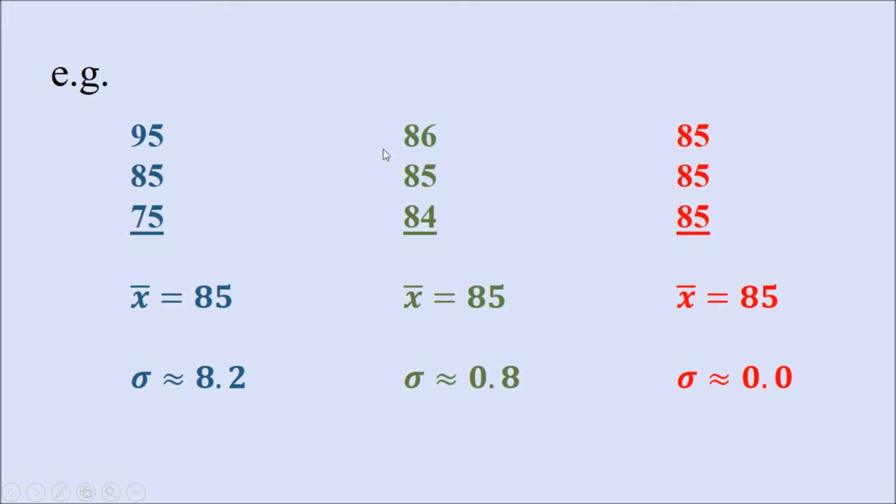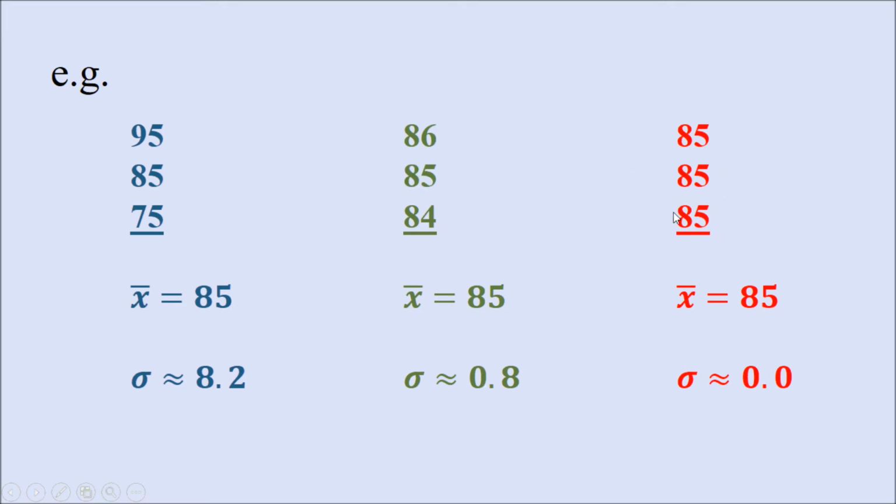Class 2, 86, 85, 84, you can tell this class is more consistent. These were more spread out. The 95 did very well, the 75 not quite so well. Over here, everyone's pretty close to an 85. The median's still an 85, the average is still an 85, but the standard deviation has dropped to 0.8.